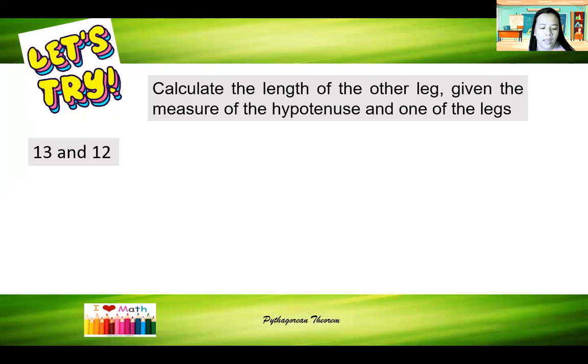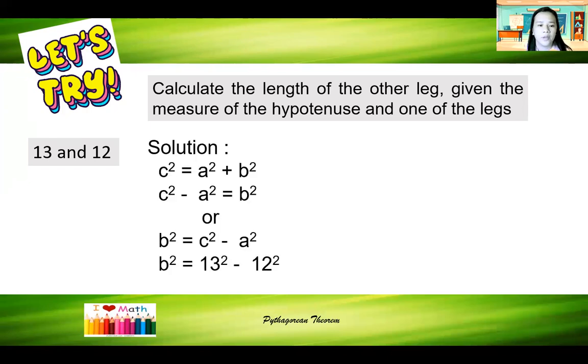So you can use your pen and your paper in solving or in finding the length of the other leg. Okay, stop. Let us find what will be the measure of the other leg.